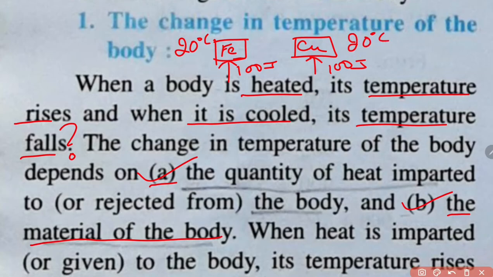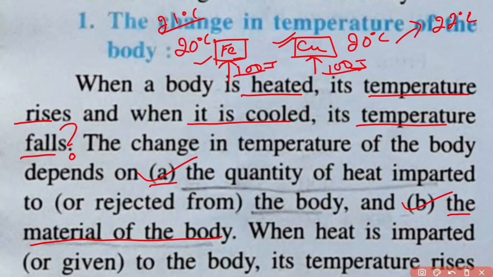Now this copper will rise its temperature faster, more, compared to iron. If copper reaches 22 degrees Celsius, the iron might reach 21 degrees Celsius, a little bit less than copper. So this will explain that different materials require different amounts of heat to raise their temperature to the same extent, provided they are of same mass.